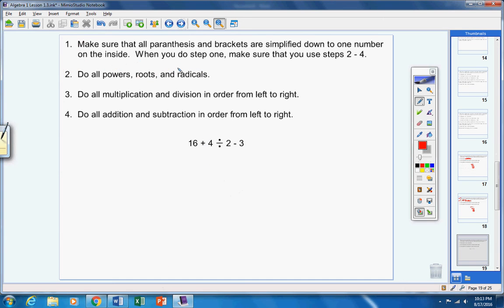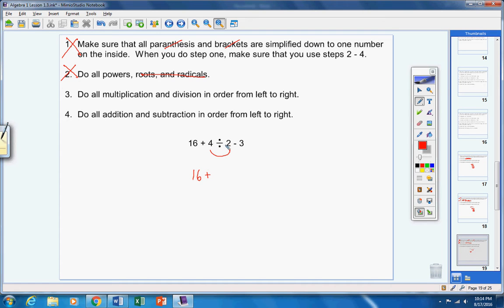Alright, next problem. Okay, now we're getting a little more complex. Do you see any parentheses or brackets in here? No. So we're going to cross that off. Do you see any exponents or powers anywhere? No. Check that off. Do you see any multiplication and division? Well, yes, I see some division right here. So you've got to do that first. So bring down your 16. Bring down your plus sign.